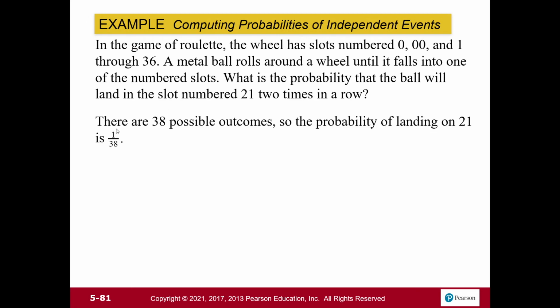It turns out that there are actually 38 different possibilities, 1 through 36, and then 0, and then 00. Only one of those has 21. So during the first roll, you get 1 out of 38.